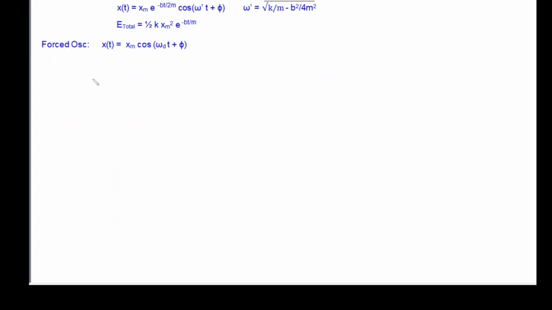I also want to briefly mention uniform circular motion. And I do that because this can be described as a form of simple harmonic oscillation or simple harmonic motion.